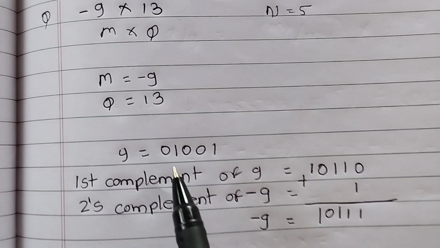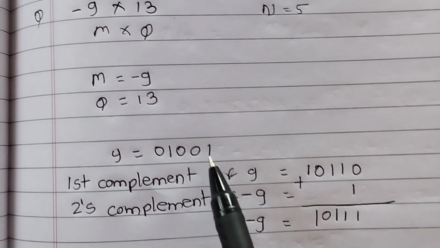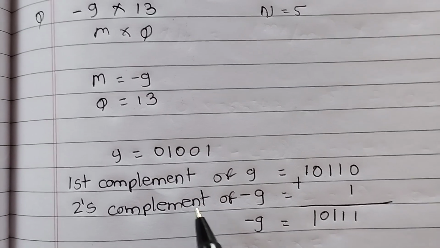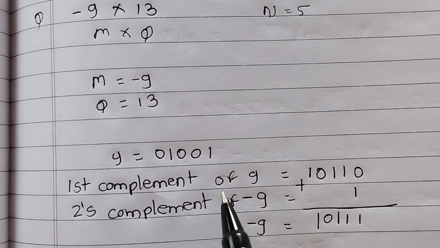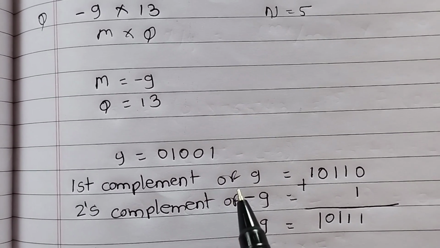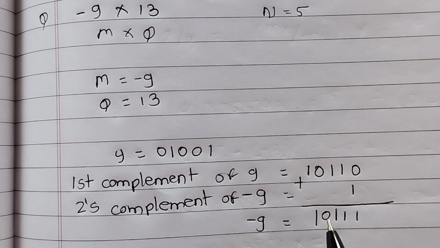So when we convert a positive number to a negative number in binary form, we find the 2's complement. For that, first find the 1's complement, then add 1 to the 1's complement and find the 2's complement, which is our negative number.